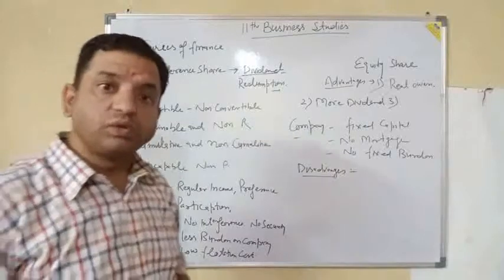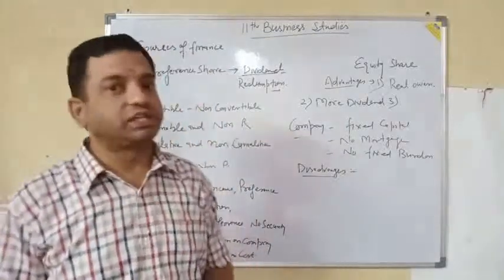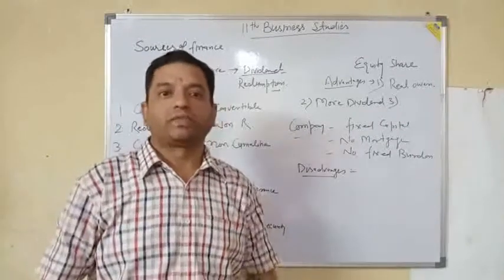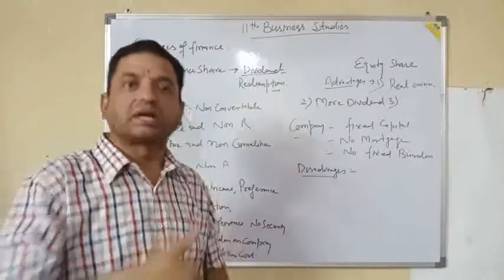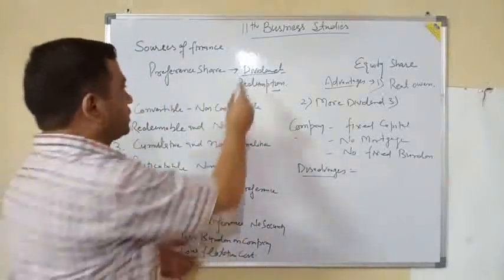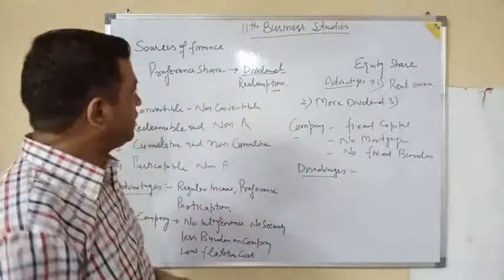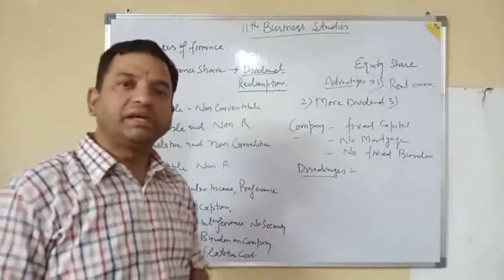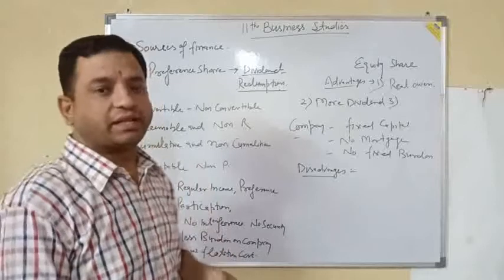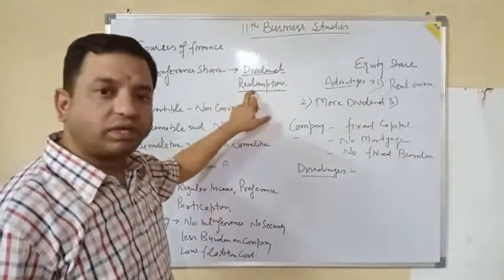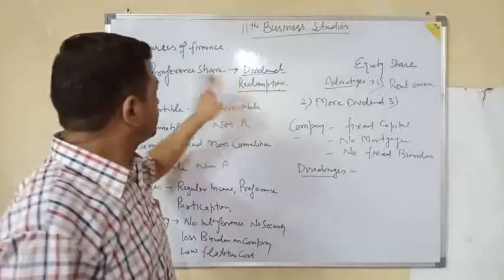A person takes the risk by investing the money into shares. By doing that, that person also finances the company, and in return the company gives him dividend. And second, one day definitely his amount will be returned by the company, and that return of the money is called redemption of the capital of the shares.